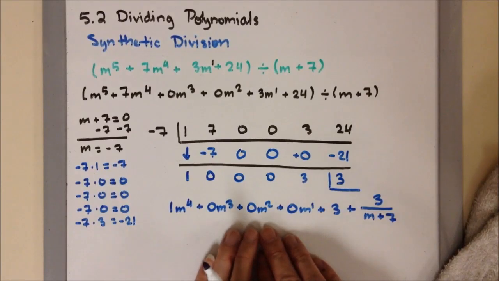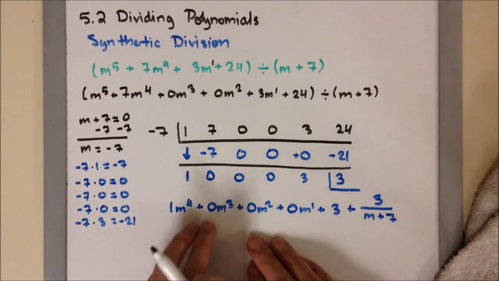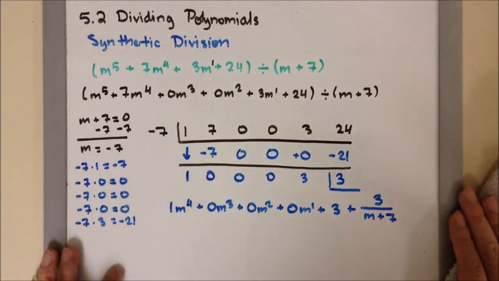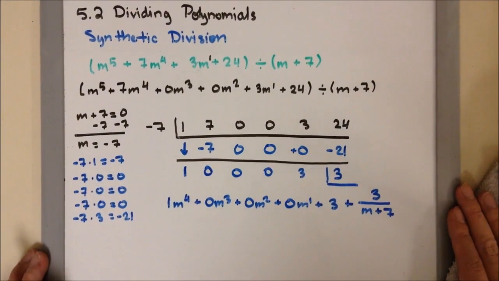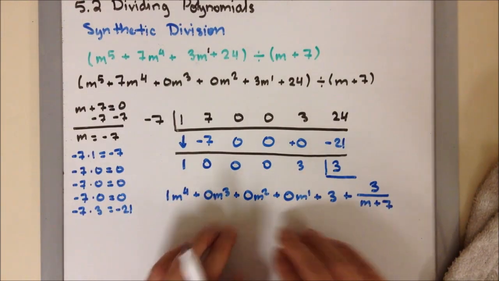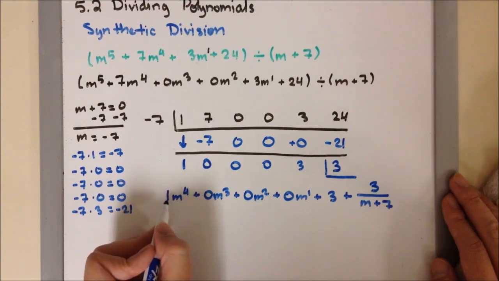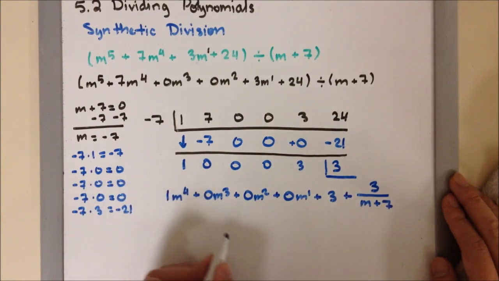Now, if you write it like this, I'll still accept it because it's okay to write 0m to the third. Now, I mentioned earlier that there's another way you can write it. You can write the answer without the 0s. And since I have a 1 in front of the m to the 4th, you don't have to write it. You could leave it as an invisible 1. So, m to the 4th.